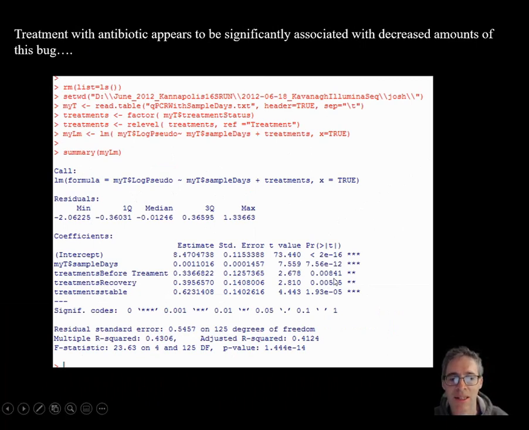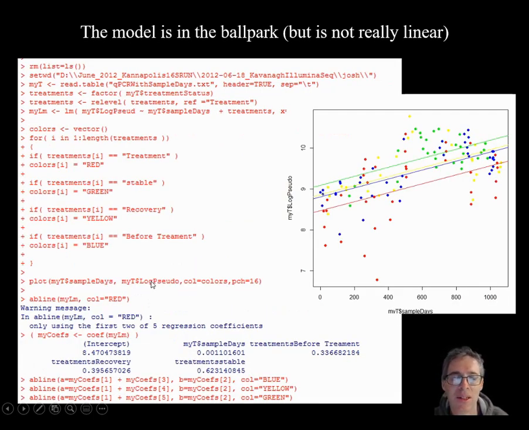And likewise, the treatment categories here. In the Burkholderia data, only one of these three individual dummy variables was significantly different from the background. Here, all three of them are. So we could again report that. Again, it's in the ballpark when we graph this out. This red line represents our treatment variable here.